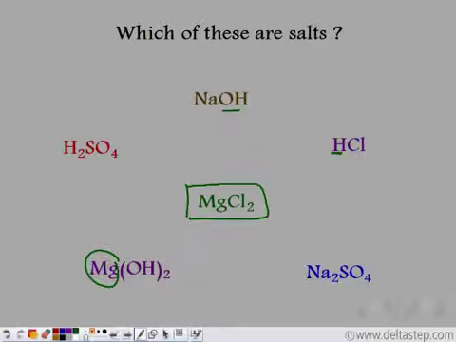And how can we form this? If we take sulfuric acid, this hydrogen can be replaced by Na. So if we take NaOH, the two hydrogen atoms can be replaced by a metallic ion. So whenever there is a replacement of the hydrogen atoms of an acid by a metallic ion, we get a salt. So in this case, we have two salts, that is Na2SO4 and MgCl2.